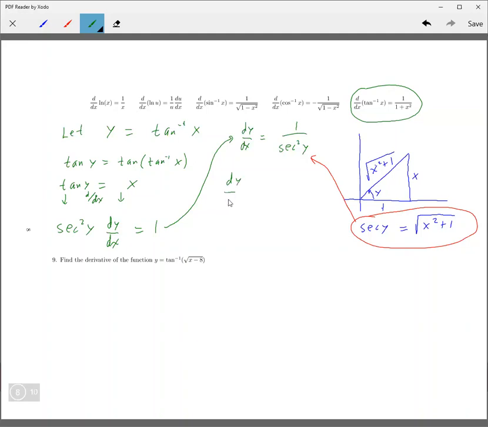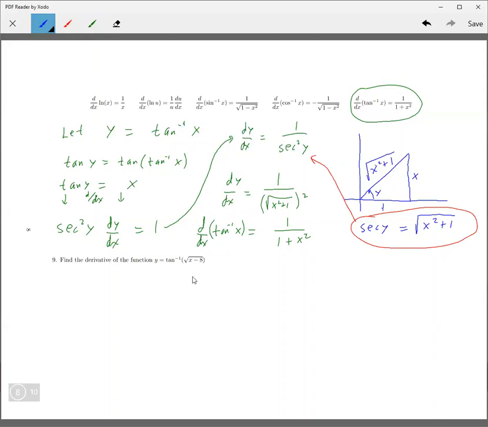That gives me 1 over the square root of x squared plus 1 squared, which is 1 over 1 plus x squared. So that's the derivative of the inverse tangent of x. Similarly, you could do the same thing and get the inverse cosine and the inverse sine. You do those. Okay, so that's how you get those.